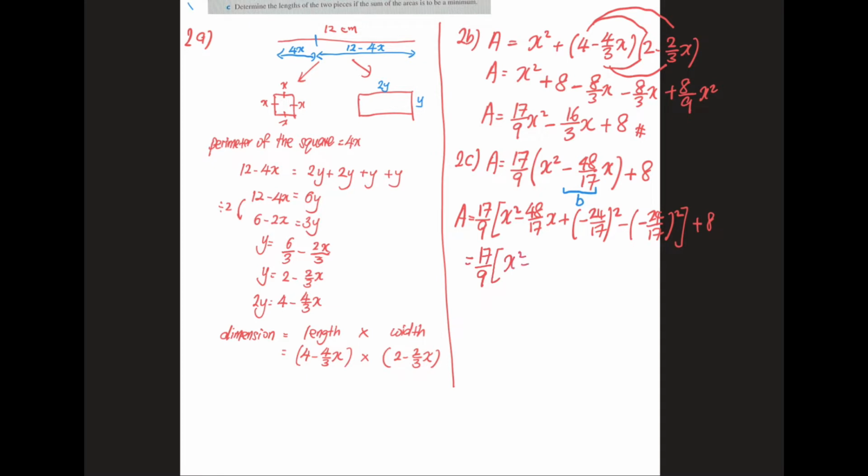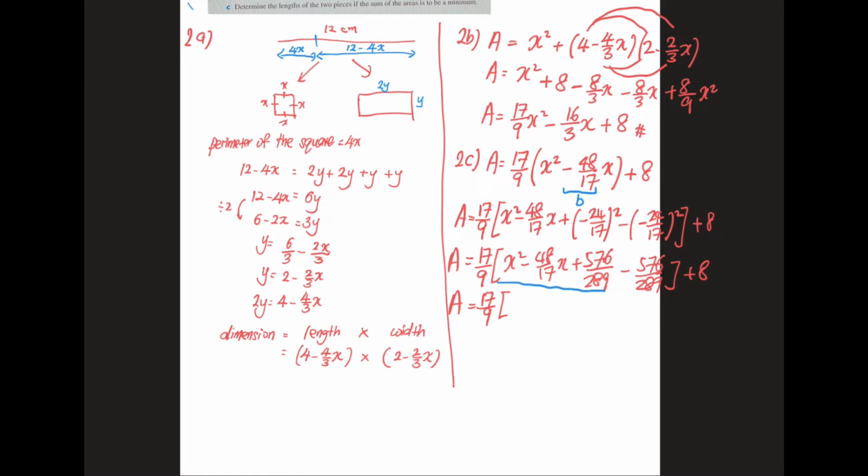So before I factorize, I just put in 24 over 17, I square it, 576 over 289 minus 576 over 289 plus 8. Okay, that is the area, 17 over 9.